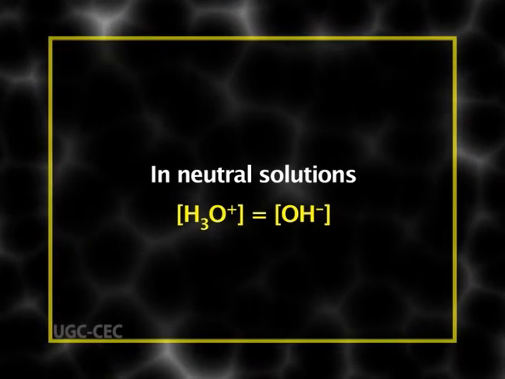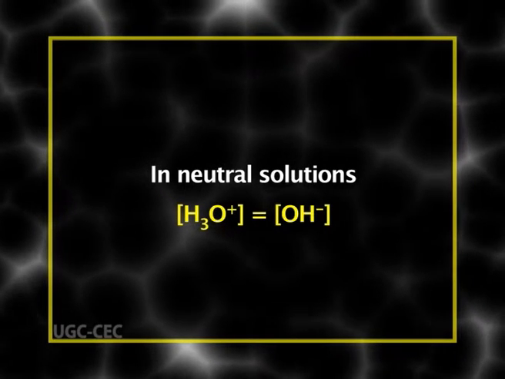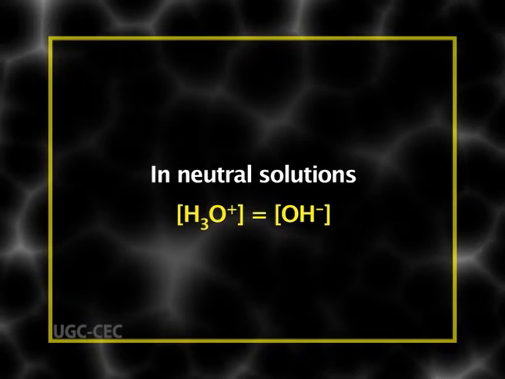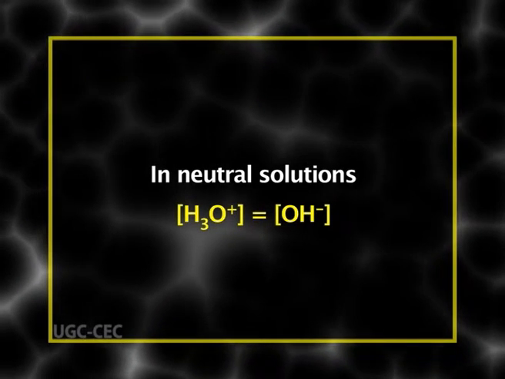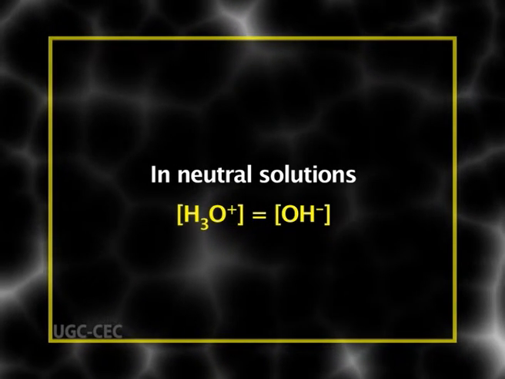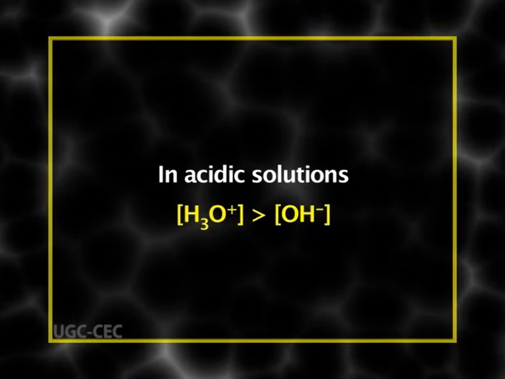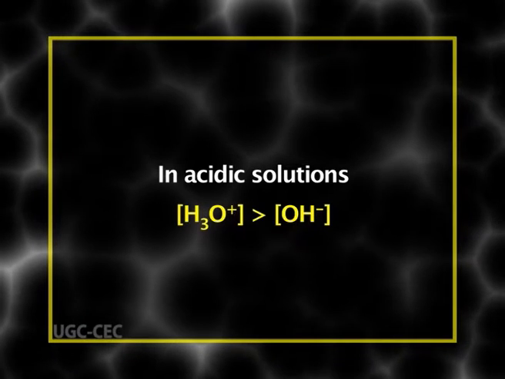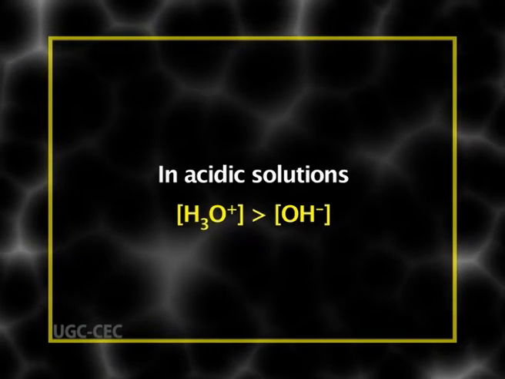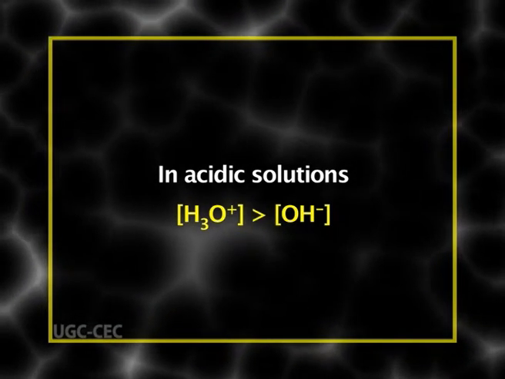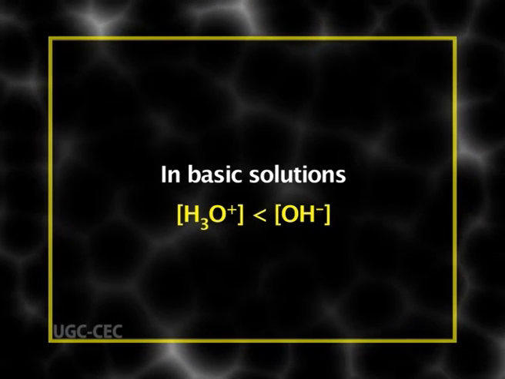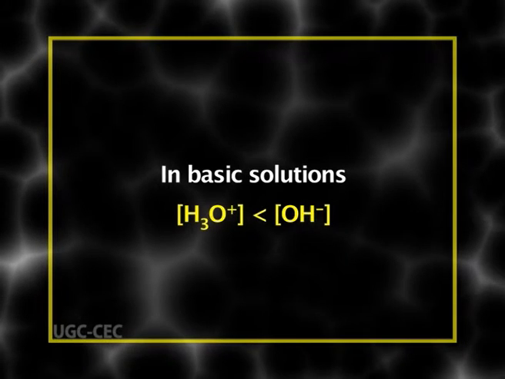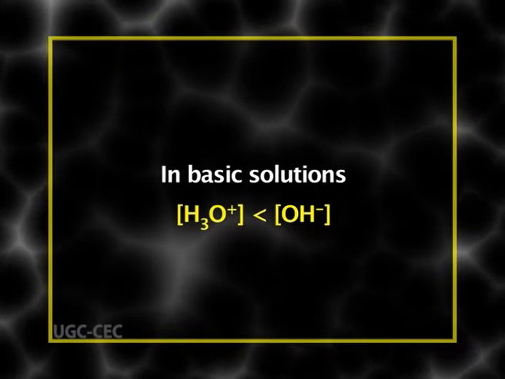In general, in neutral solutions, the concentration of hydronium ion is equal to the concentration of hydroxyl ion. In acidic solution, the concentration of hydronium ions is greater than the concentration of hydroxyl ions. In basic solutions, the concentration of hydronium ions is less than the concentration of hydroxyl ions.